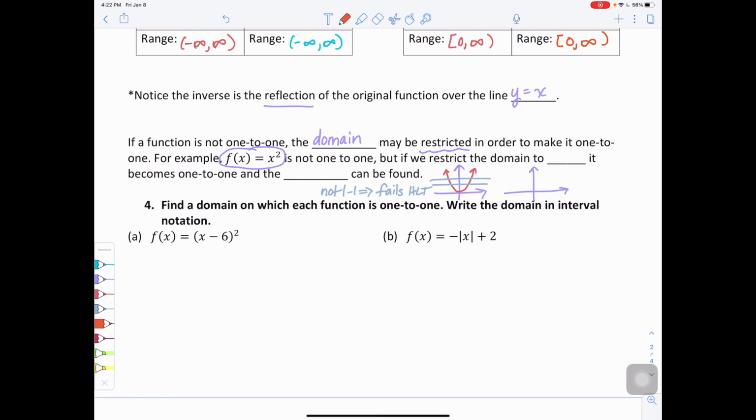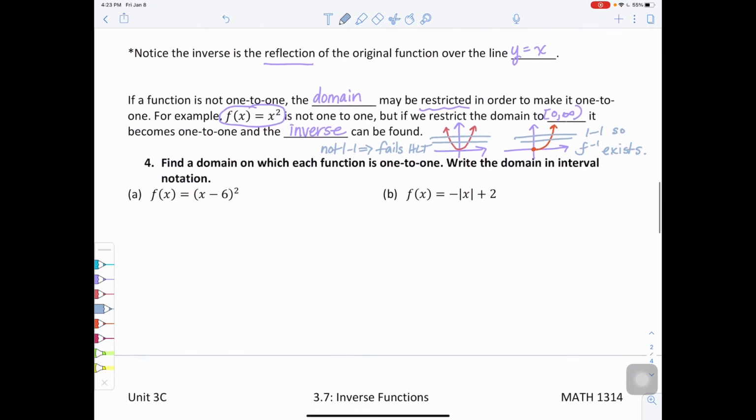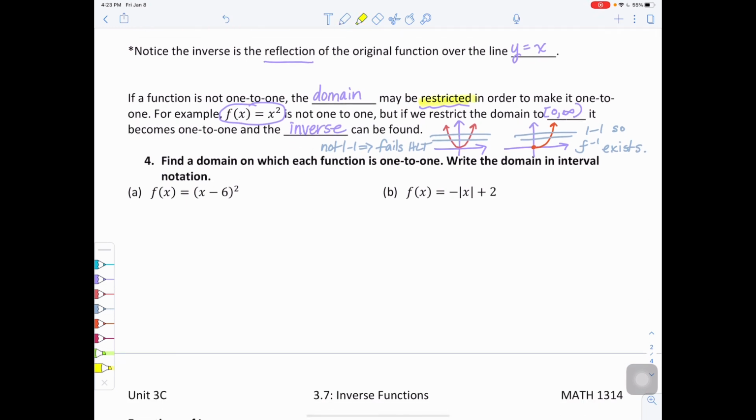You could take either side of it, but why not just take that right piece? Now our function is one-to-one, and an inverse does exist. So if we restrict the domain to, what could we say? 0 to infinity. It becomes one-to-one, and the inverse can be found. So here we can say one-to-one, so f inverse exists. So restricting the domain will be very helpful.